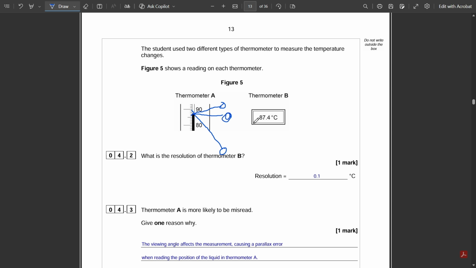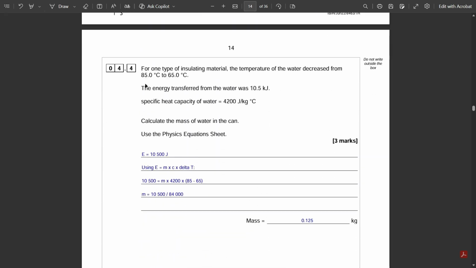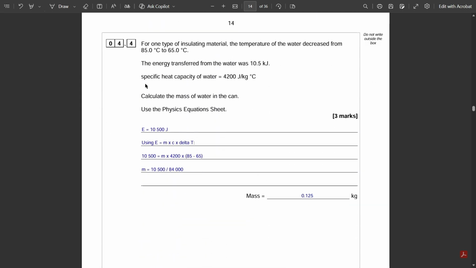Quite often, especially GCSE students, they don't do that. So it's a lot better to use thermometer B, where you can avoid the risk of parallax error in its entirety.